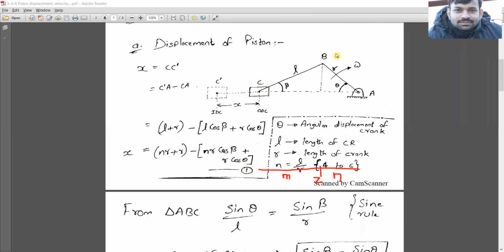In a triangle, let me draw. Let's say this is a triangle, triangle ABC.